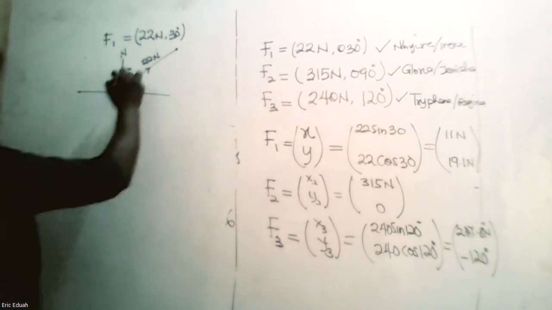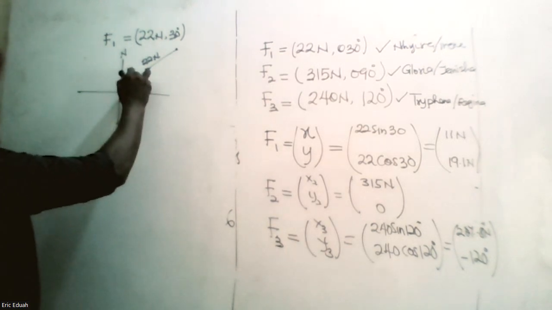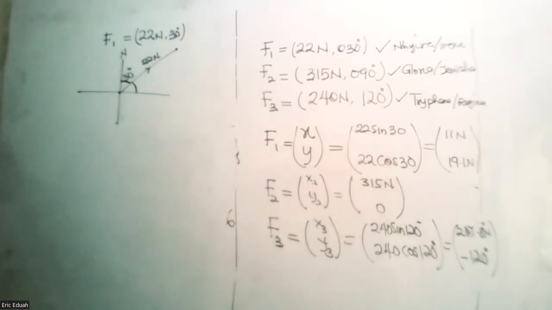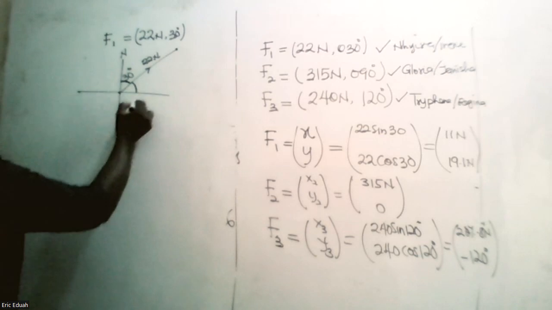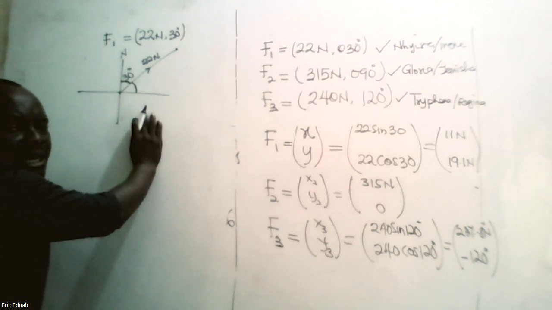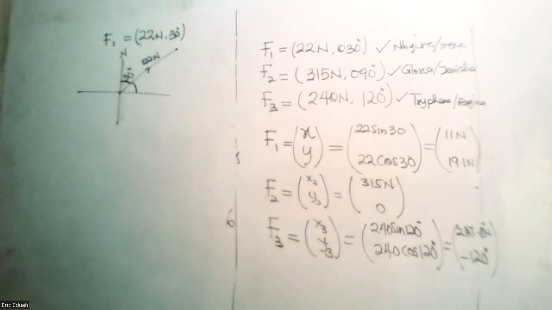Now, if this angle is 30, what will be this angle? 60 degrees.